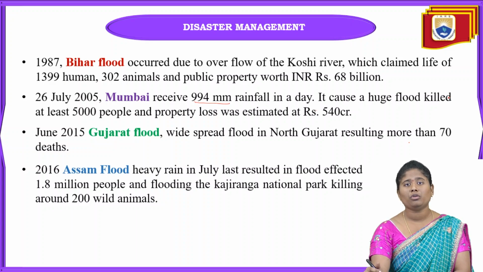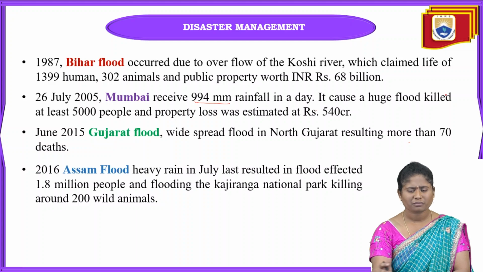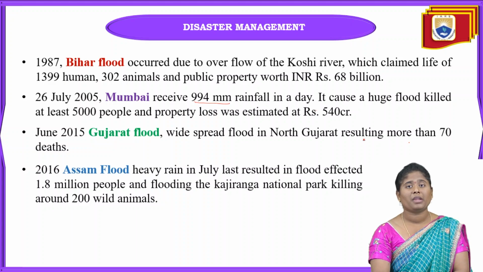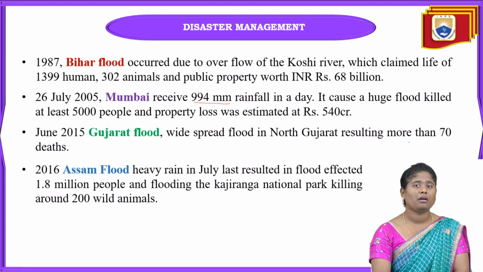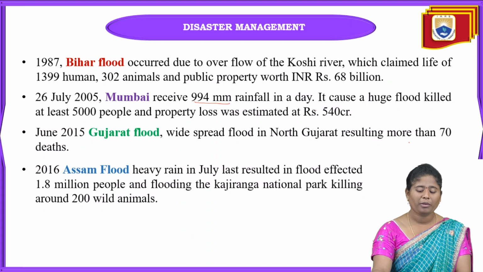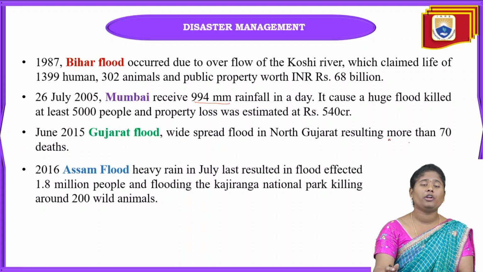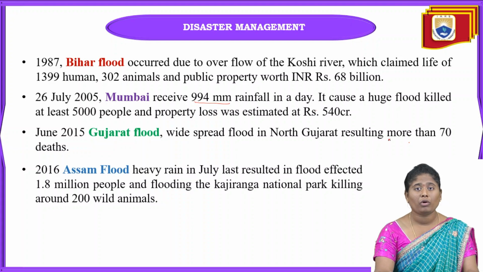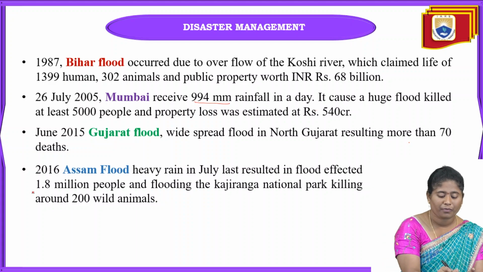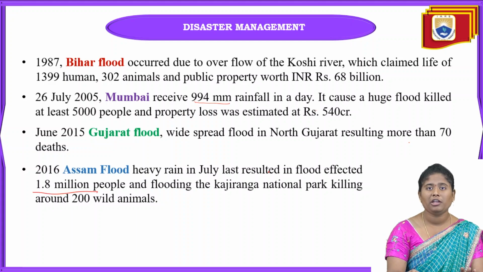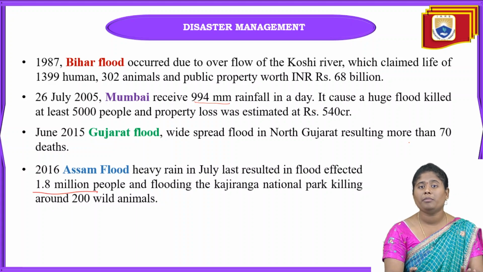And next one is in 2016 in Assam, in Kaziranga National Park, where it killed around 200 wild animals because of these floods. Why? Because that flood affected 1.8 million people. You can see here, 1.8 million people affected because of these Assam floods.